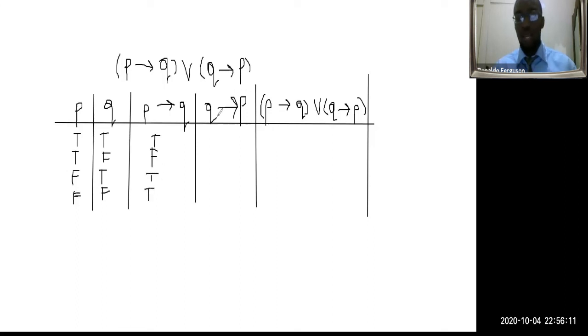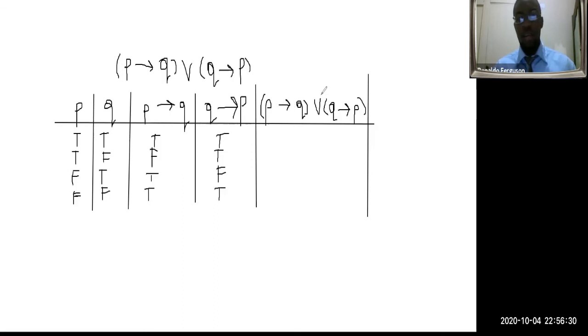Then Q implies P now. Whenever Q is true and P is false, that's the only time it is false. Everywhere else is true.